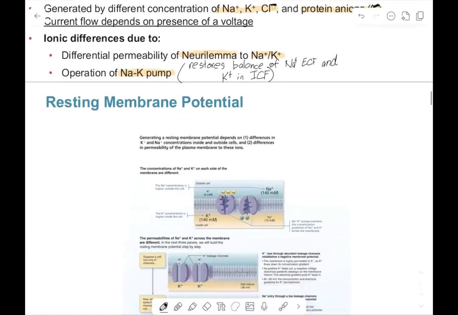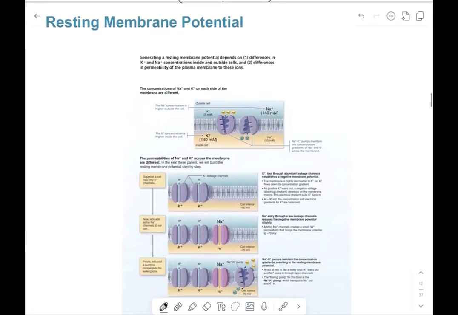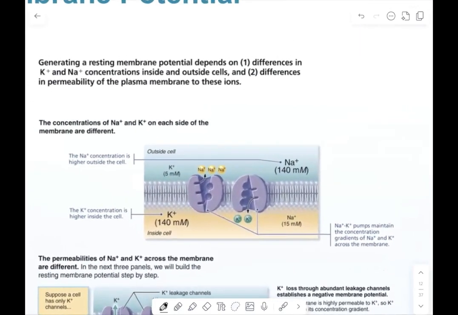So let's look at another view of the resting membrane potential, and there's a video of this that is going to help with that in Mastering A&P. But the resting membrane potential depends on the differences in the sodium-potassium concentrations inside and out, and the permeability of the plasma membrane.